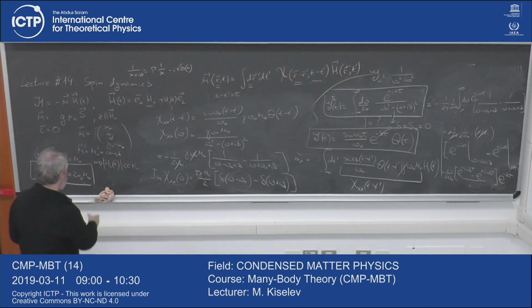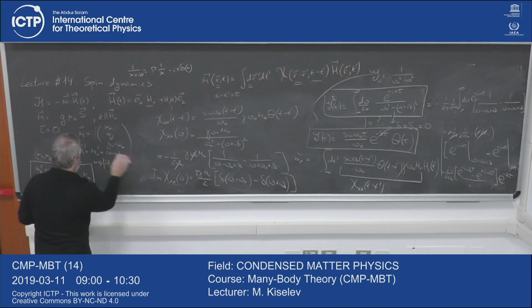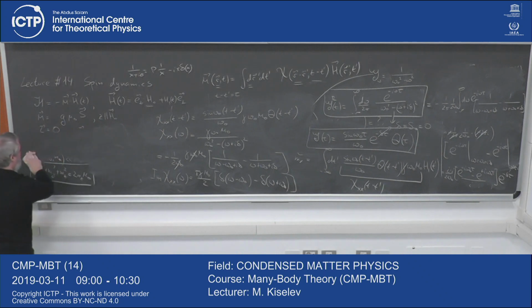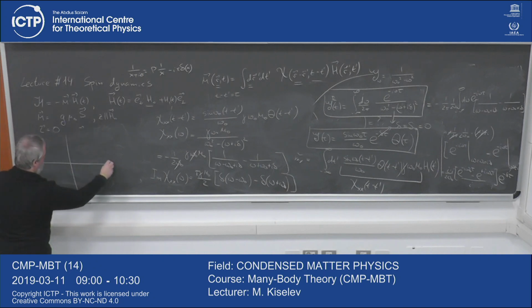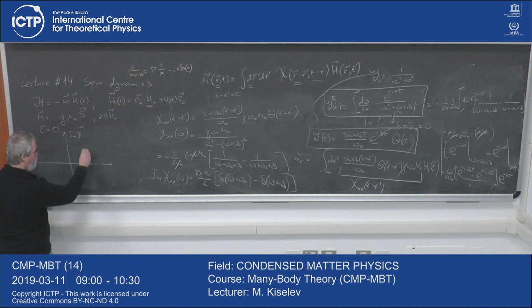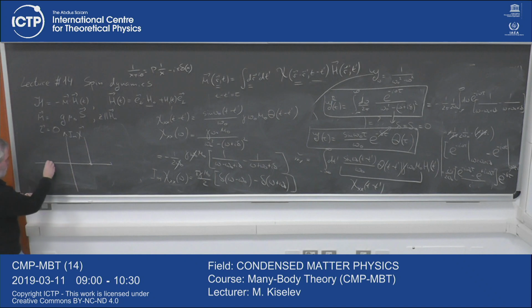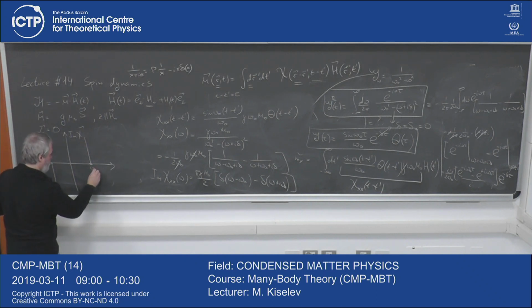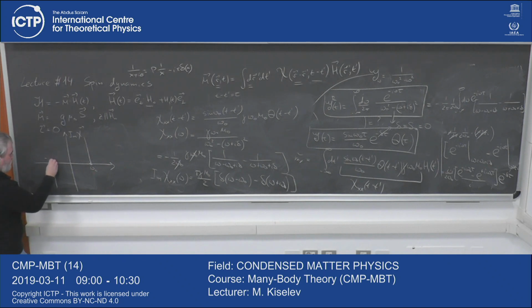So, as you see, in omega space the imaginary part of chi is given by 2 delta function peaks. This is omega naught and this is minus omega naught.